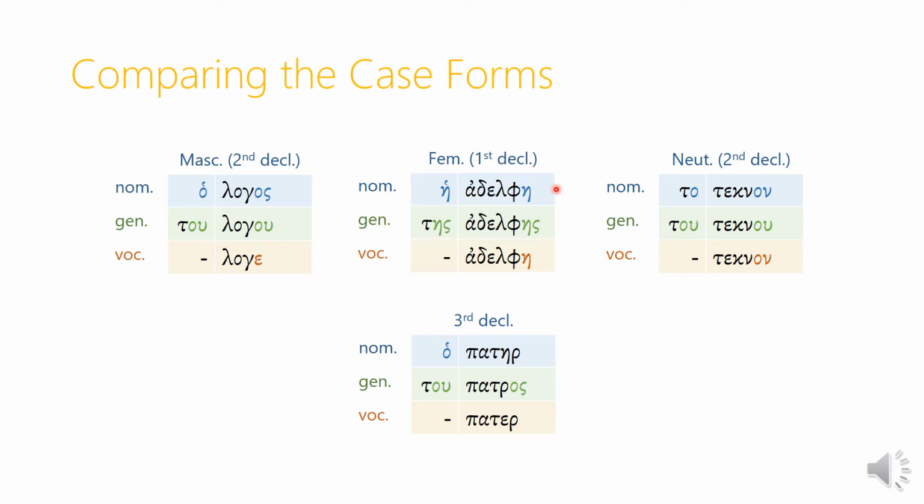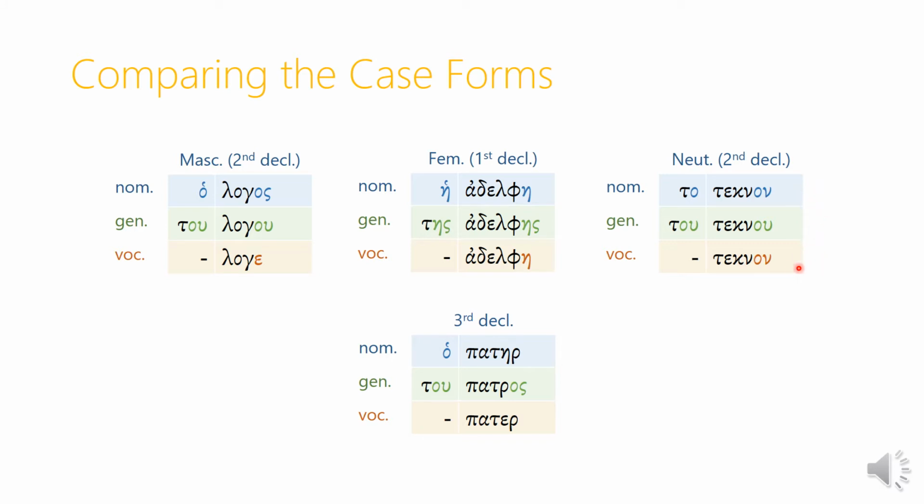Because remember, the vocative and nominative forms are the same for feminine nouns. We see something similar with the neuter second declension nouns. We begin with to teknon. The genitive is identical to the masculine second declension nouns, tu teknu, and then the vocative teknon is the same form as the nominative.